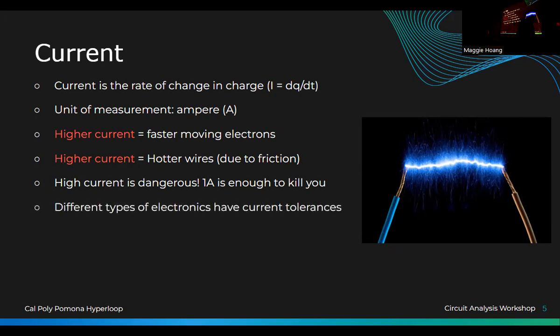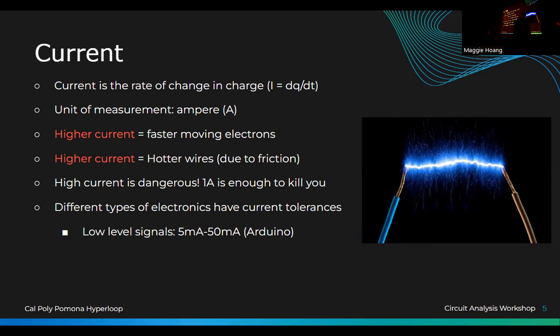But there are different current tolerances, so like limits. So we could think of Arduinos. Anyone use Arduinos here? Oh wow, yeah, okay, cool. So Arduinos actually have a very low current limit. I guess 5 milliamps to 50 milliamps is considered low.